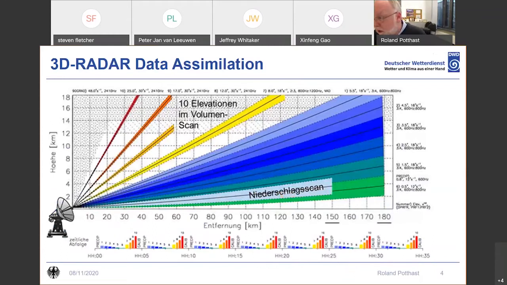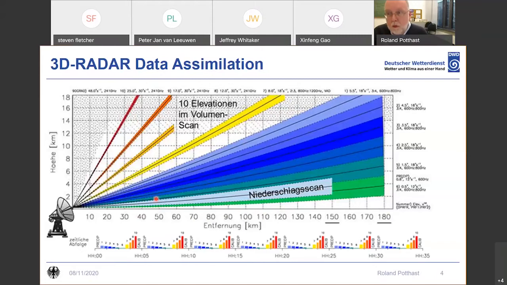There's some German on it, I'm sorry for that. So there's a precipitation scan, it's the lowest angle, and then you have higher angles and some very high angles, which of course do not completely cover the space, but a good part of it. And there is a scan pattern. You start with medium and then go down and then take the highest, and every 5 minutes you repeat this.